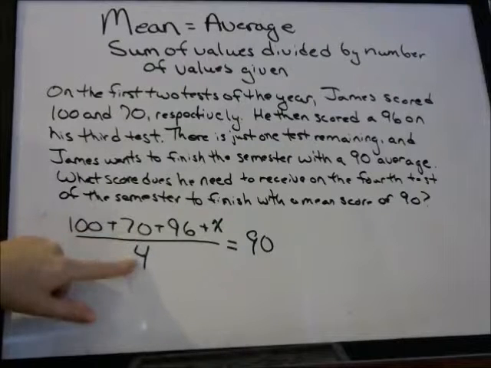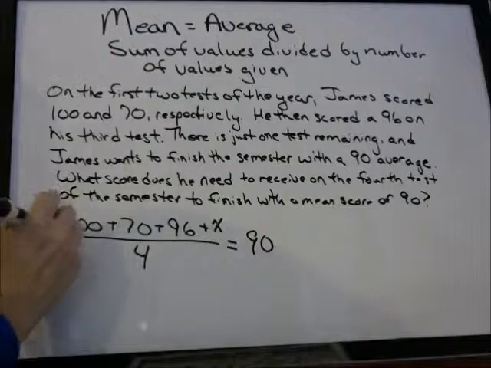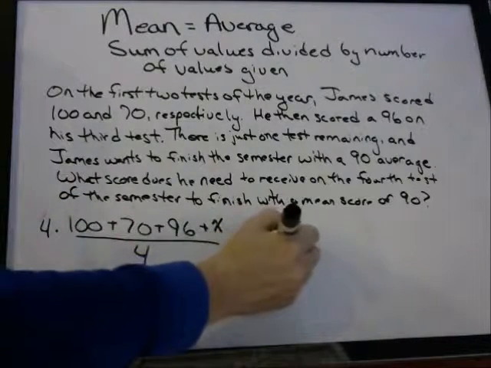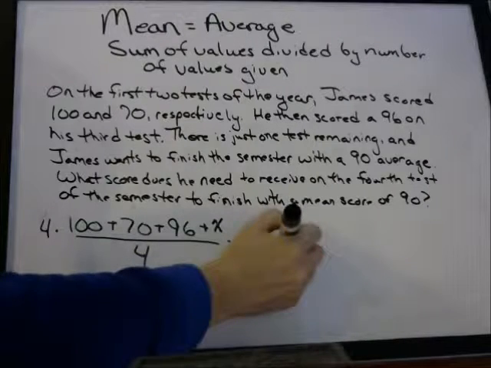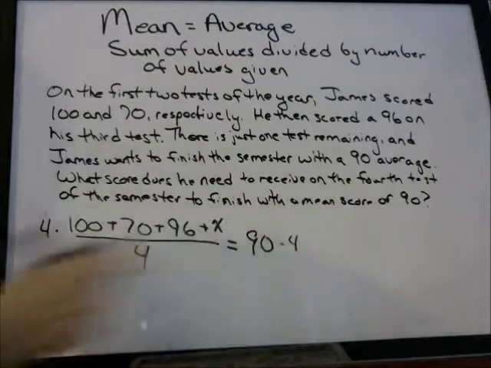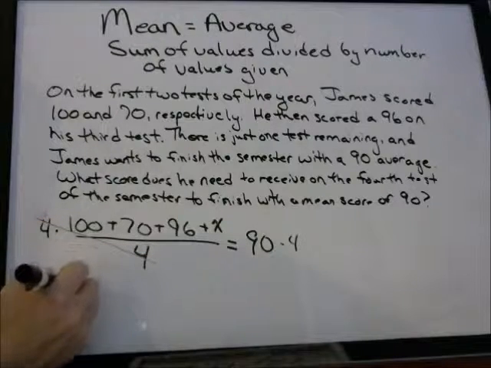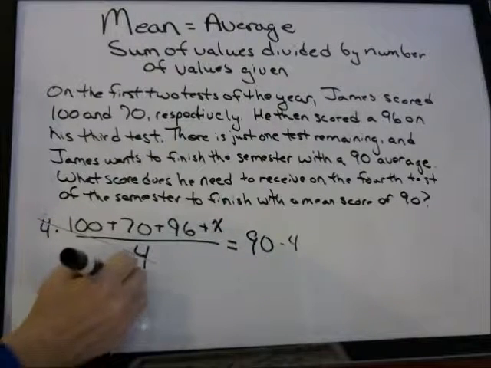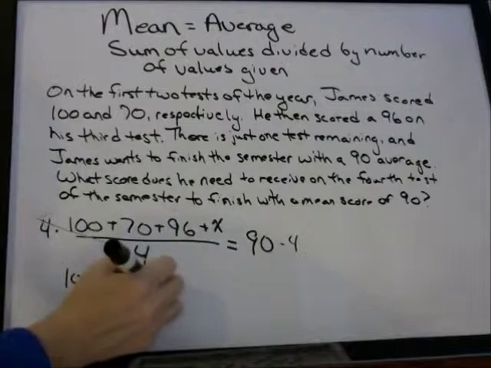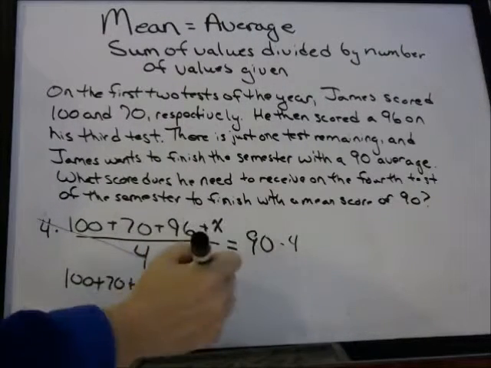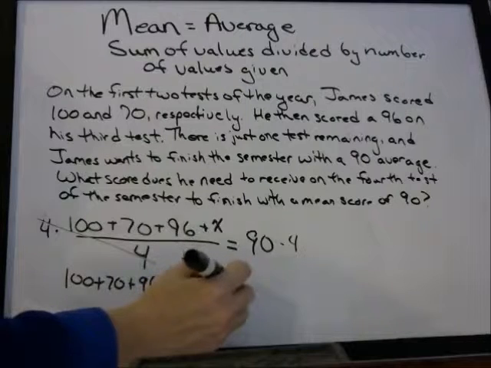It's dividing by 4, so in order to get rid of it, we do the opposite, which means we're going to multiply by 4. If we multiply one side by 4, we have to multiply the other side by 4. Remember, a dot means multiplication. This cancels out, and we're left with 100 plus 70 plus 96 plus X equals 90 times 4 is 360.